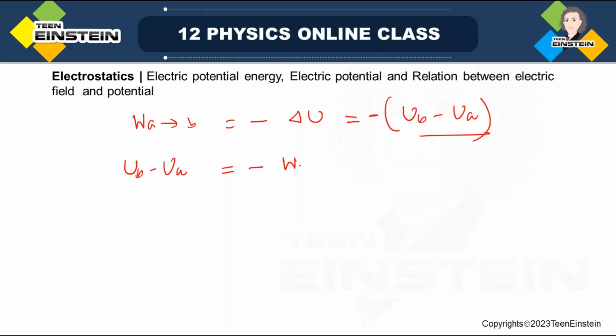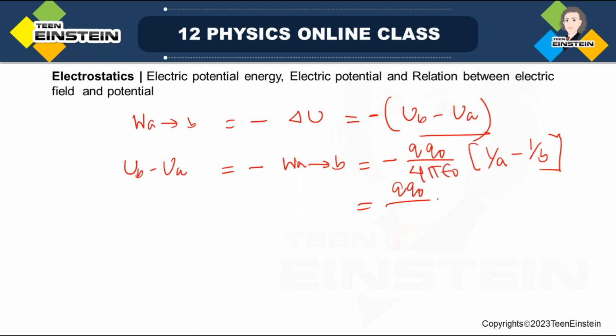This will be minus W_AB, A to B. This is q0 q by 4 pi epsilon naught, and here it is 1 over A minus 1 over B. So if we just resolve this minus here, one over B minus 1 over A. So this is actually UB minus UA, or delta U, change in potential energy. Okay, this is okay so far.